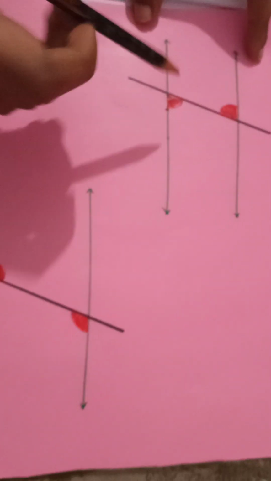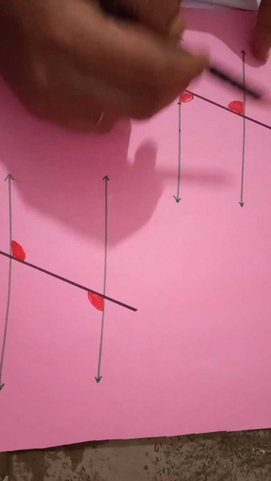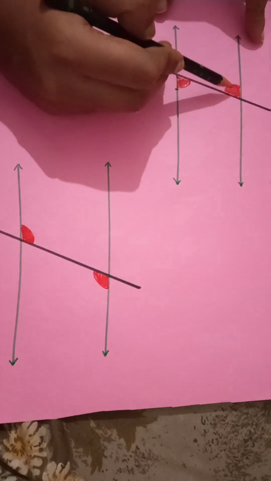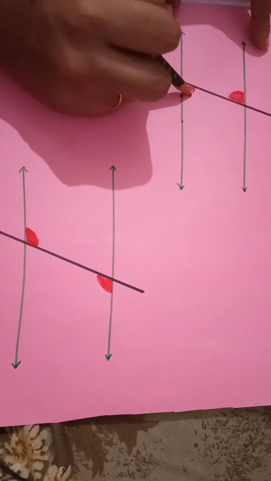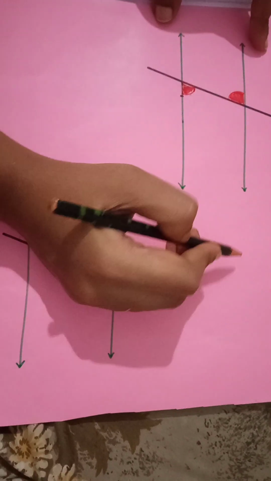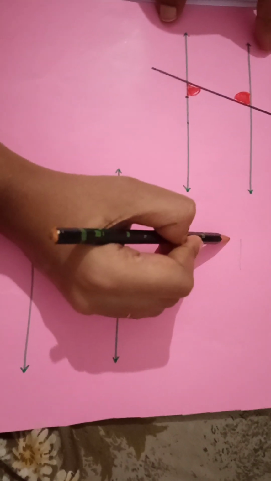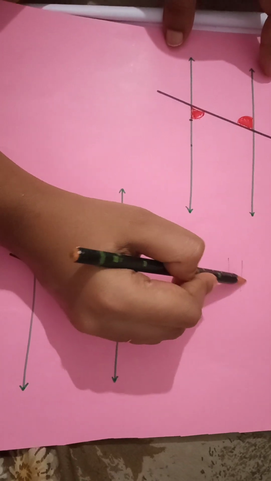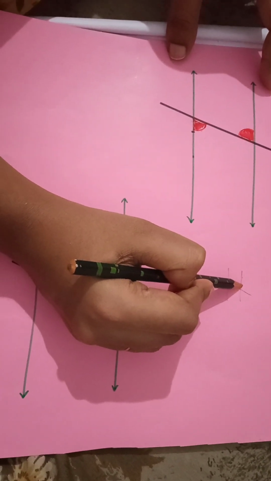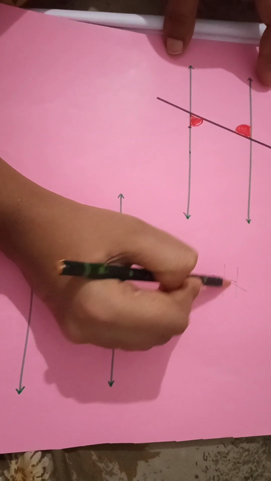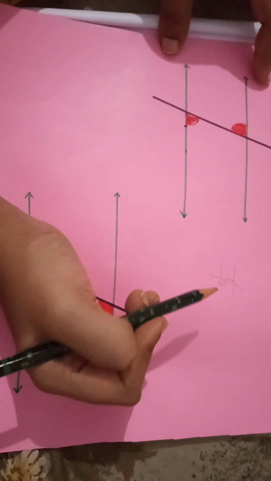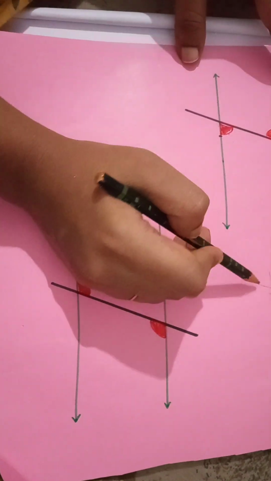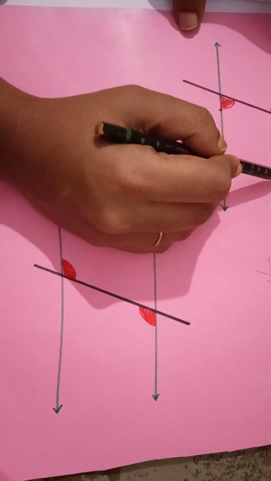And when the transversal cuts parallel lines, then we have another rule: the alternate interior angles are equal. When the transversal cuts two parallel lines, a pair of alternate interior angles are equal. It holds good only when the lines are parallel.